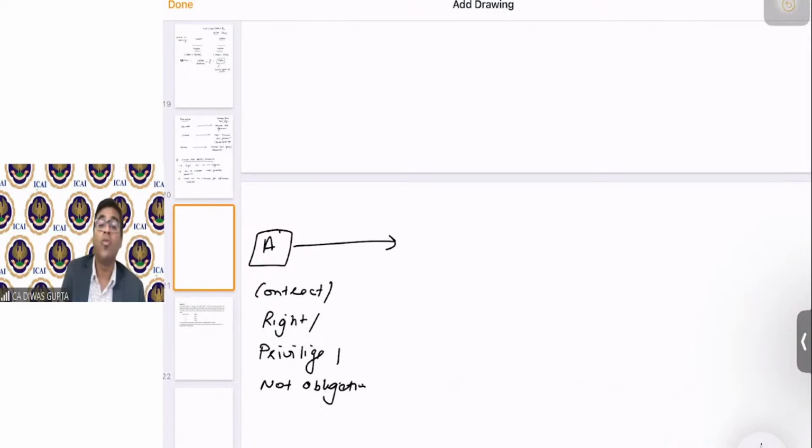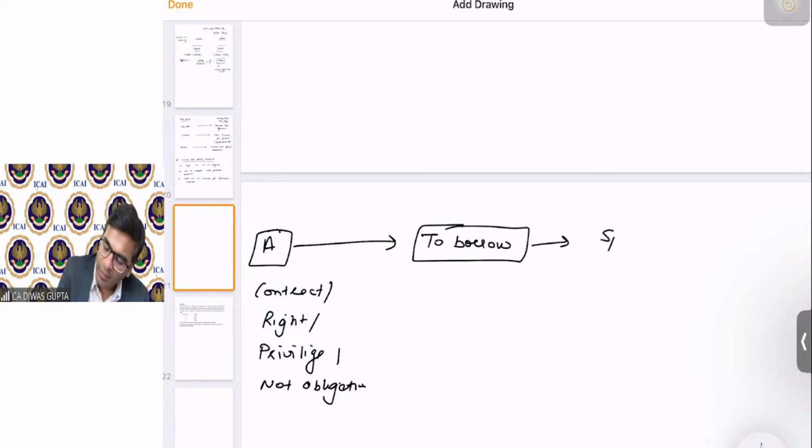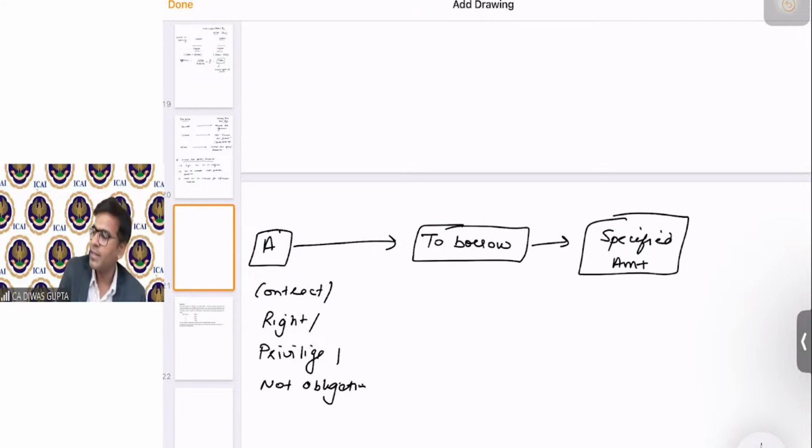Now, what exactly is the contract? It is a right to borrow a specified amount, which is again a notional amount in this case, at a specified interest rate.